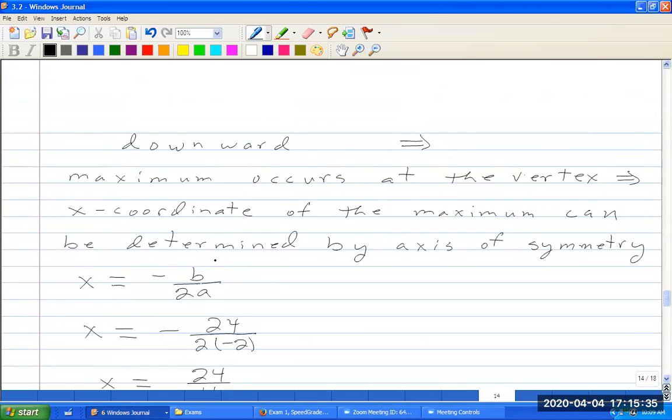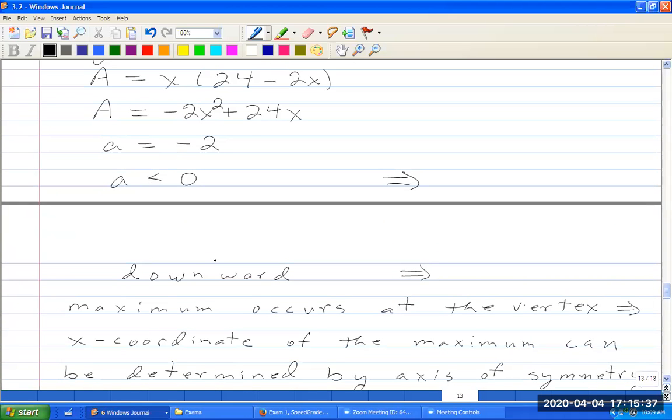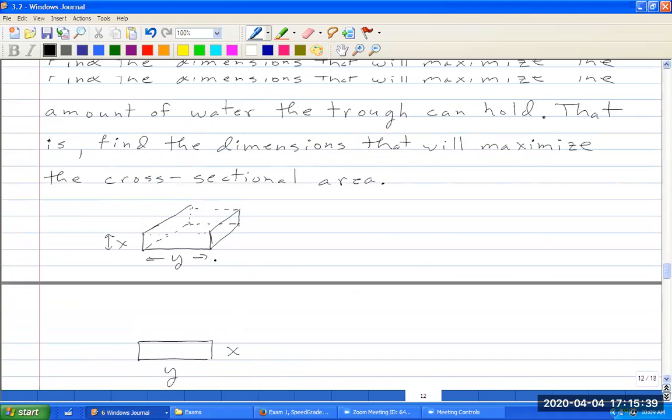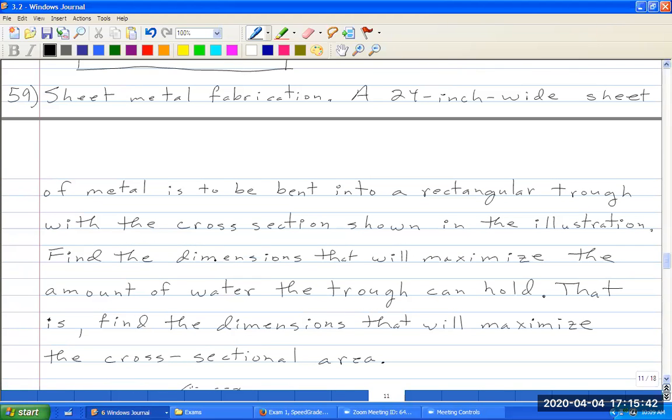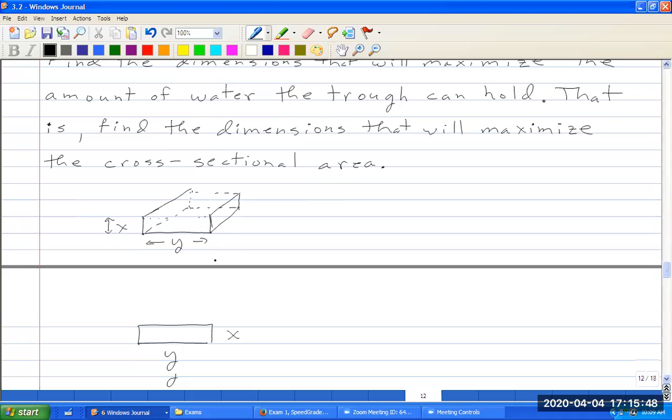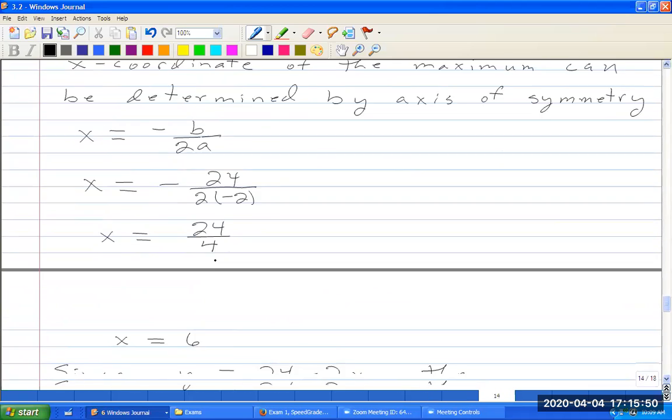And let me just see, what were they asking? Find the dimensions.